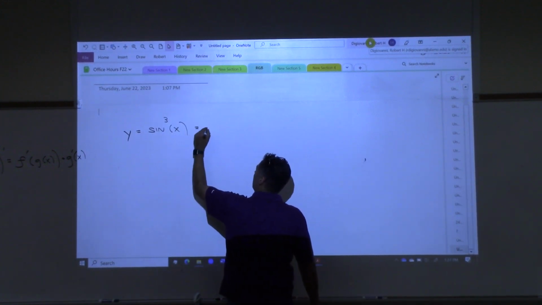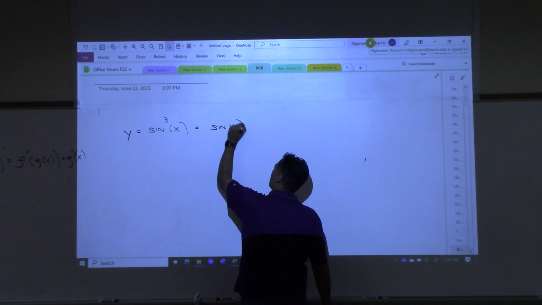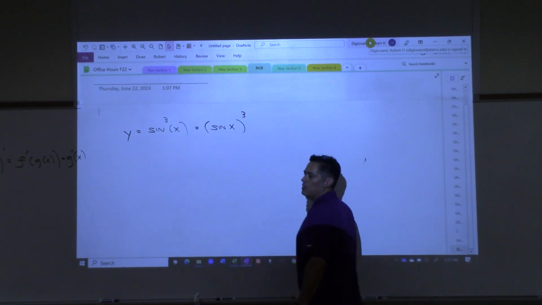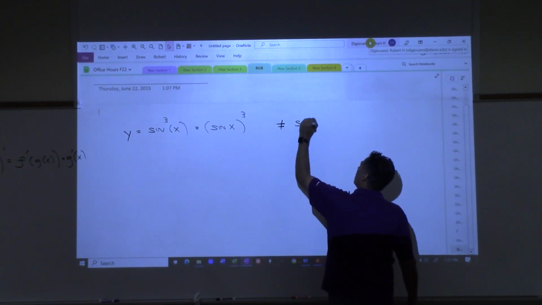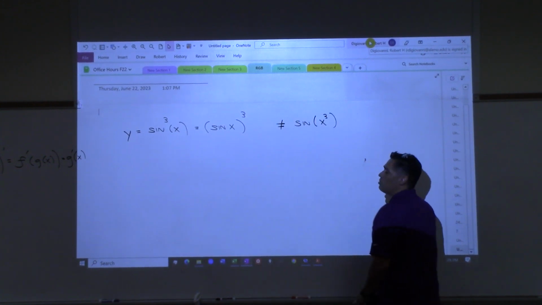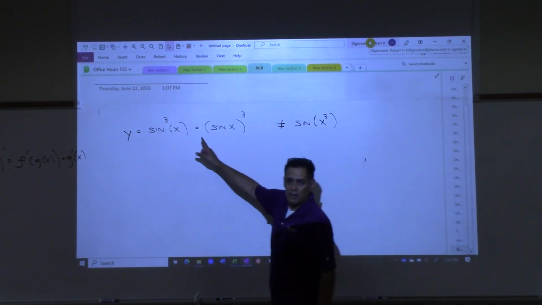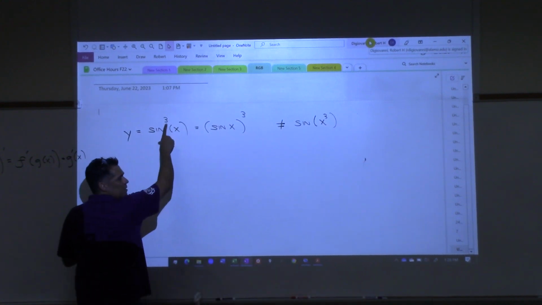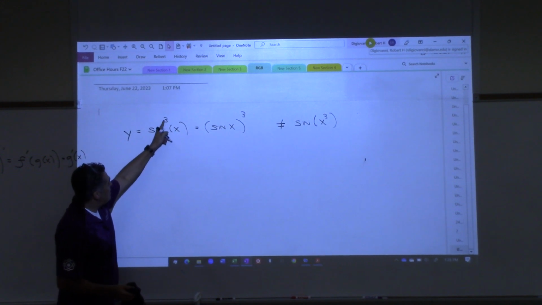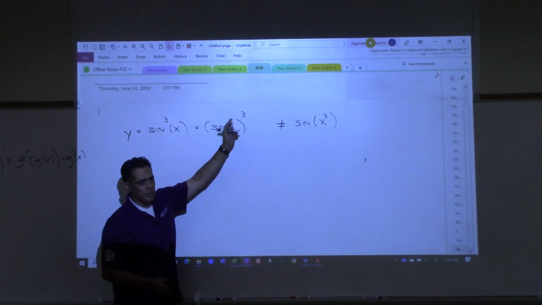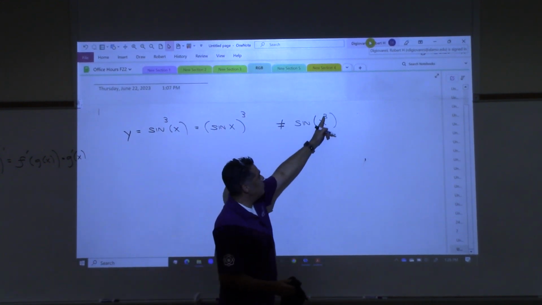This notation means sine x, cubed. It does not mean sine of x cubed. These are different things, aren't they? The position of that cubed dictates what you're looking at. Having it cubed right here after the sine means you're cubing the sine function. Here, this notation means you're cubing the x, right?